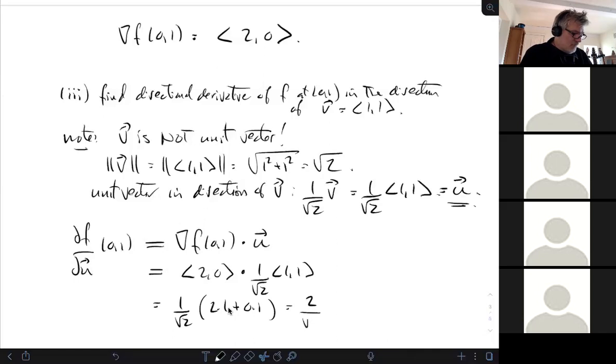So this is 2 over root 2, or if you prefer, root 2. Same thing, right? Okay, so the gradient is a useful tool for the directional derivative. Straightforward to compute. And we're going to see some more uses of the gradient right now. All right, so directional derivative, straightforward, and we saw the meaning, the definition earlier.